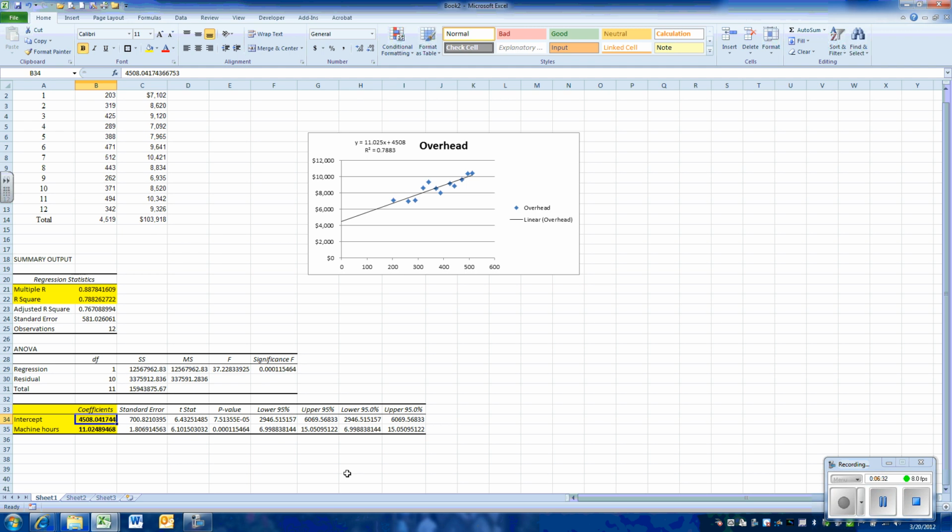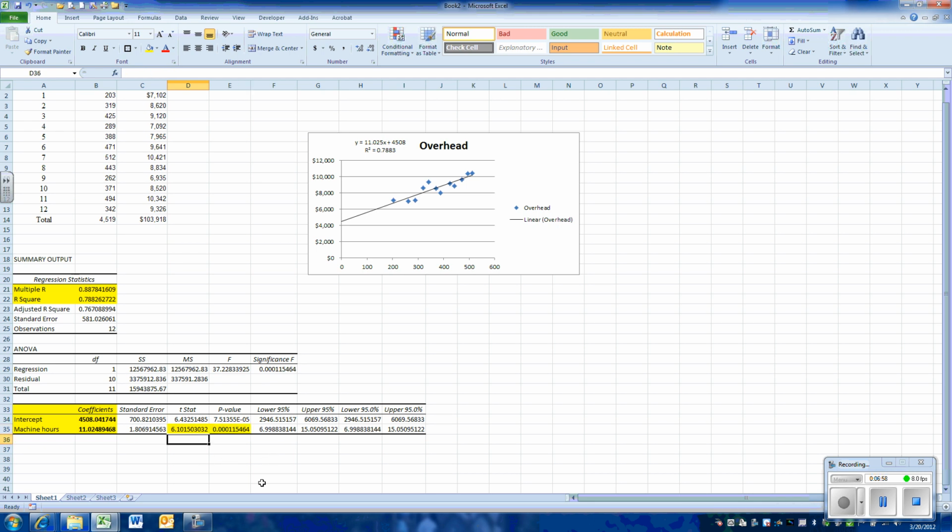All right, so the next one we want to look at is our T-stat and our p-value for the machine hours. And again, this is a measurement of just how reliable our variable equation is. Just how good is that 11.025.